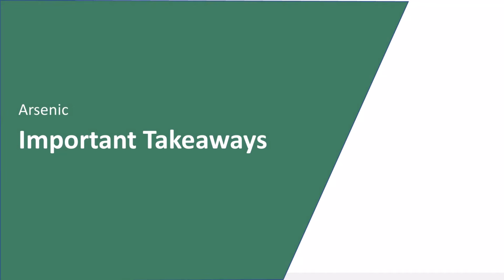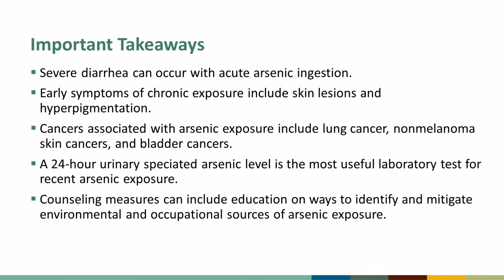To conclude, here are some important takeaways about arsenic. Patients with acute ingestion of arsenic can present with gastrointestinal symptoms like severe diarrhea that can progress to multi-system organ dysfunction and death. Initial symptoms of chronic exposure to high levels of arsenic include skin lesions and hyperpigmentation.